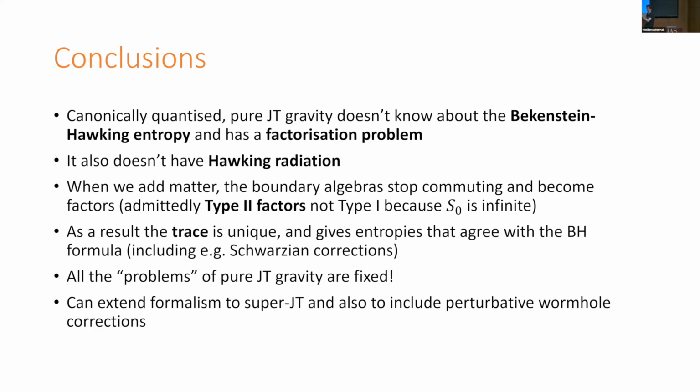In this theory, that relationship is less obvious, because you don't have a precise causal wedge, and so you don't have a precise bulk algebra, but it still matches the Euclidean answer, and adding matter still seems to be the key thing that makes the algebra a factor rather than having a center. I don't have a precise way to say they're related here. They're related in the semi-classical limit of black holes in a precise way.